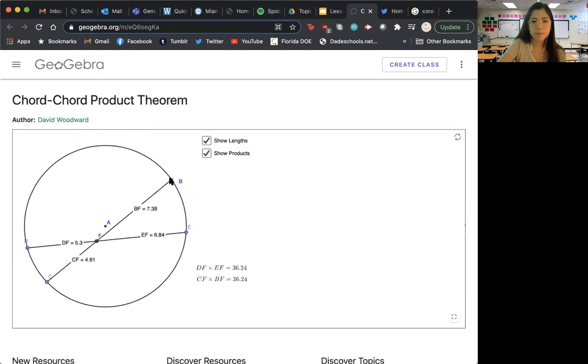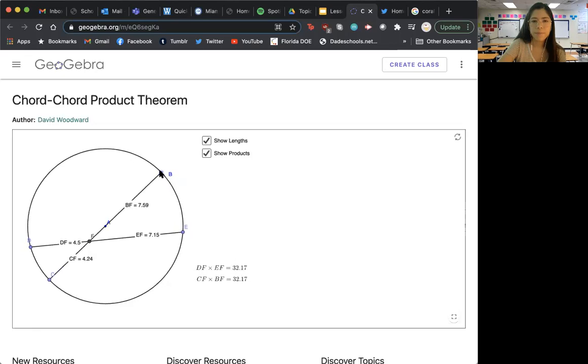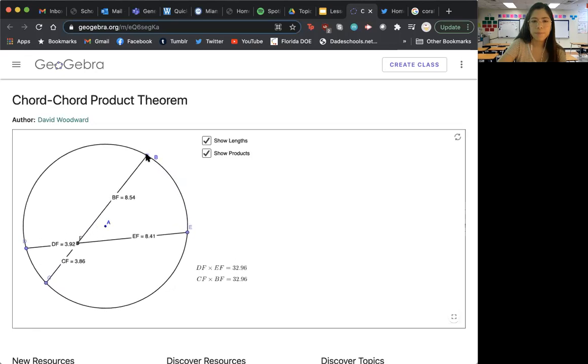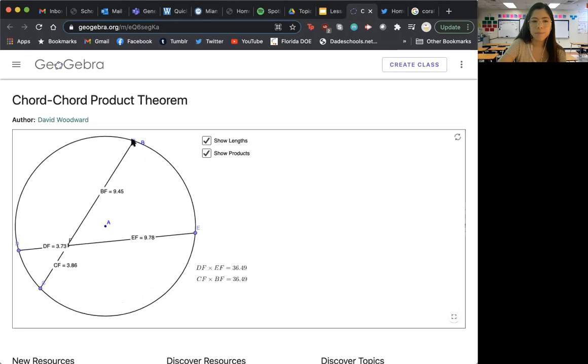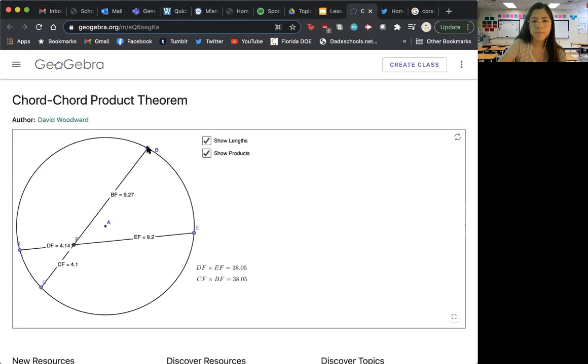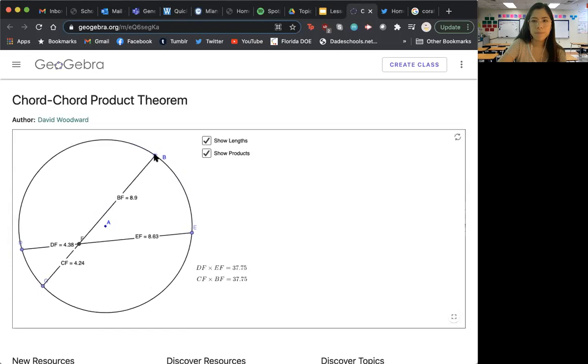I'm just moving it around. What do you notice about those numbers right here?